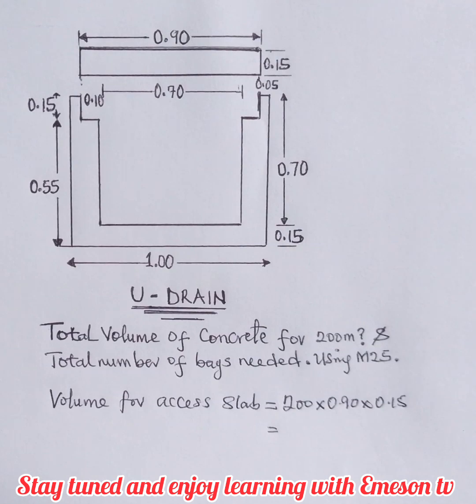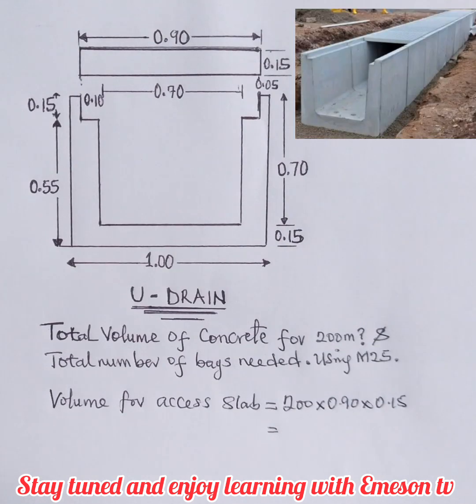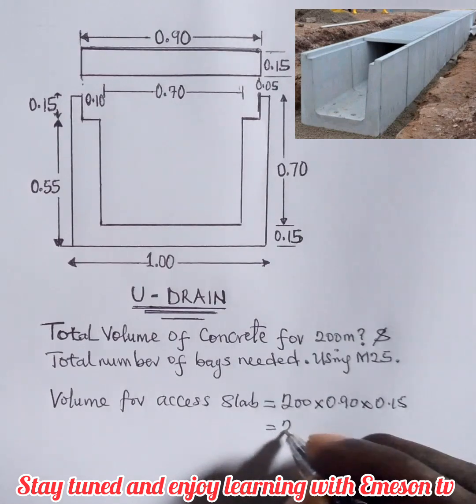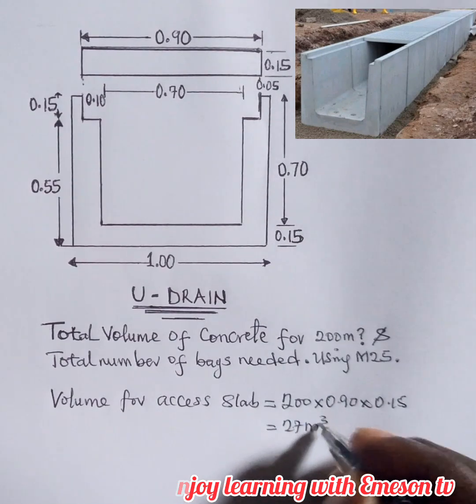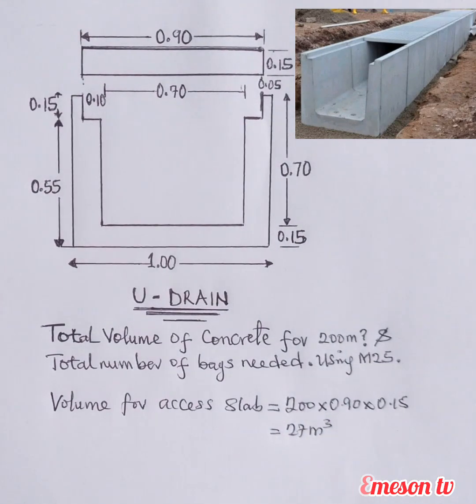So let's find out the volume. In your calculator you can punch it. I'm having 27 meter cube. This is for the access slab.